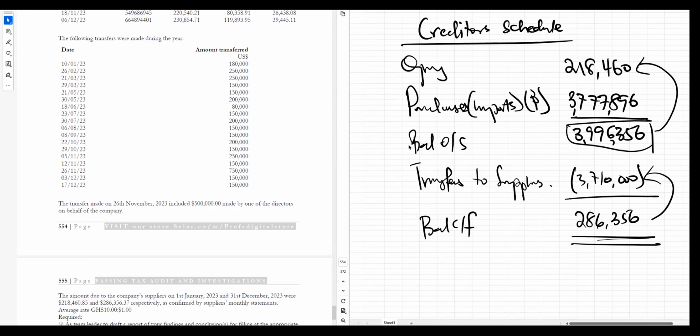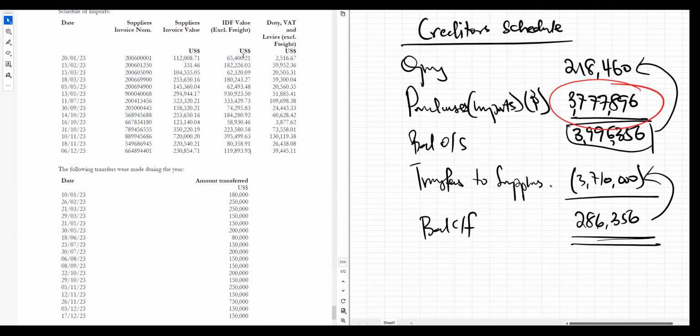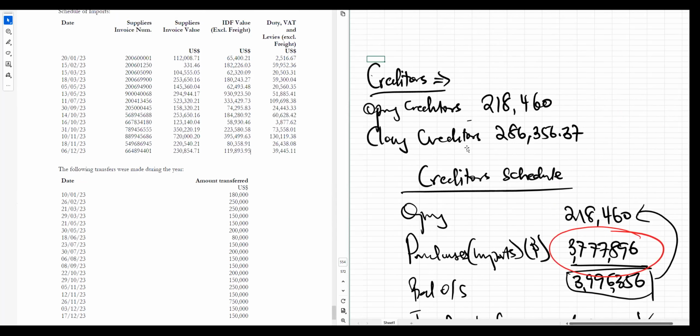Do you get the idea? So how much do we get? 3,777,896. Now, this is the purchase that we, per our audit, have computed. Can you see that? But the purchase that they computed is the sum of all this, which was what?